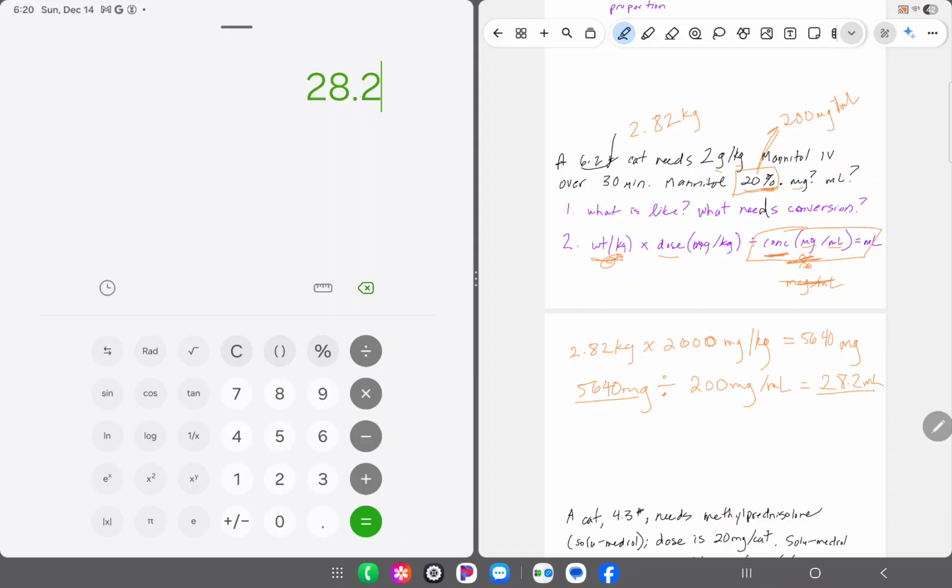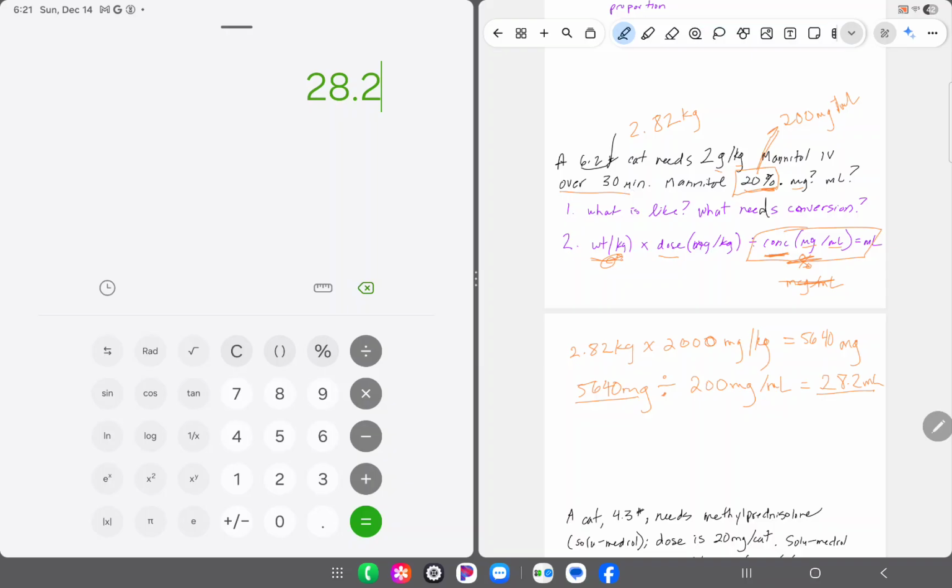And for those of you who haven't worked with mannitol yet, yes, a cat really would get nearly 30 mils of mannitol. Mannitol is something that has to be given very slowly, though. Large volume, very slowly, usually over 30 minutes with a filter. And that's just some bits of information for you in case you do ever work with mannitol.